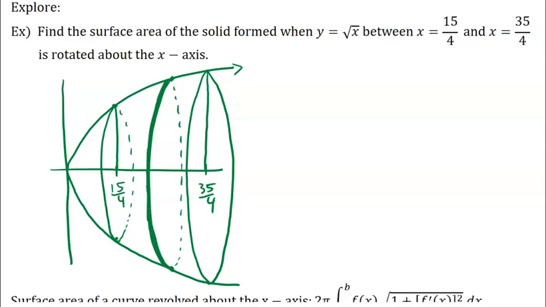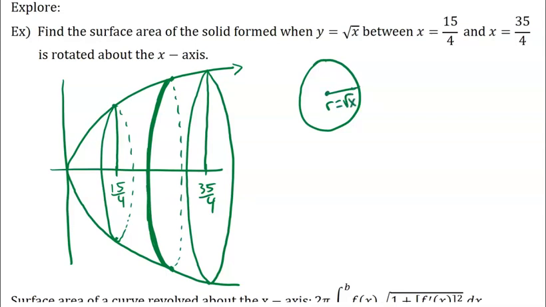Okay, so what shape is one slice? It looks very much like a disc when we did volumes of solid of revolution. However, we don't actually care about the full solid. We are just looking for the outside of that, which is a circumference, okay? So we still have this disc, and we have a radius that's equal to the function, so root x.